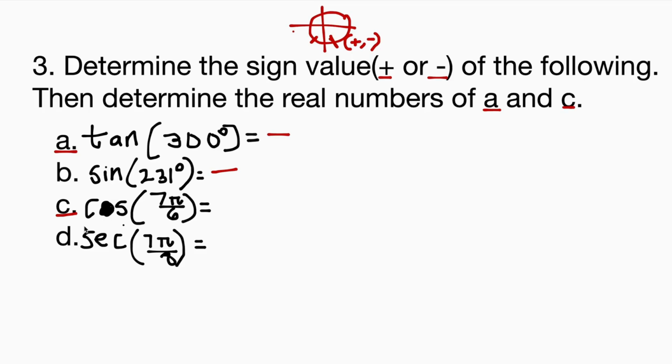Now, moving on to C, the cosine of 7 pi over 6.